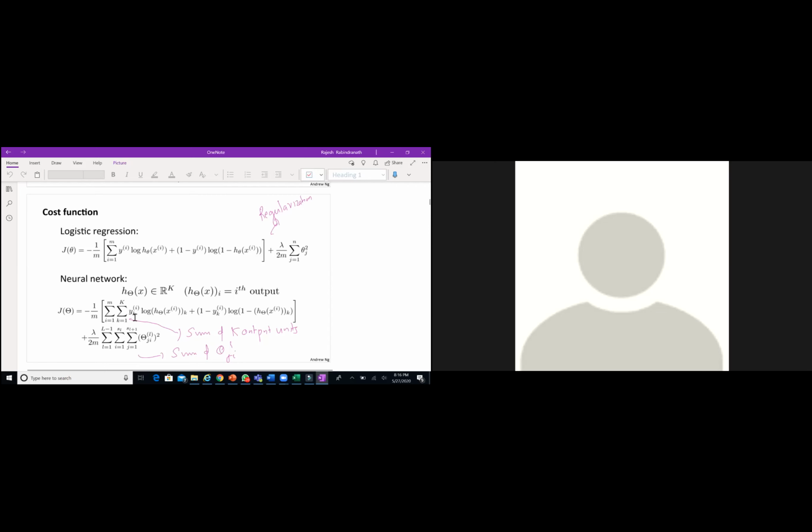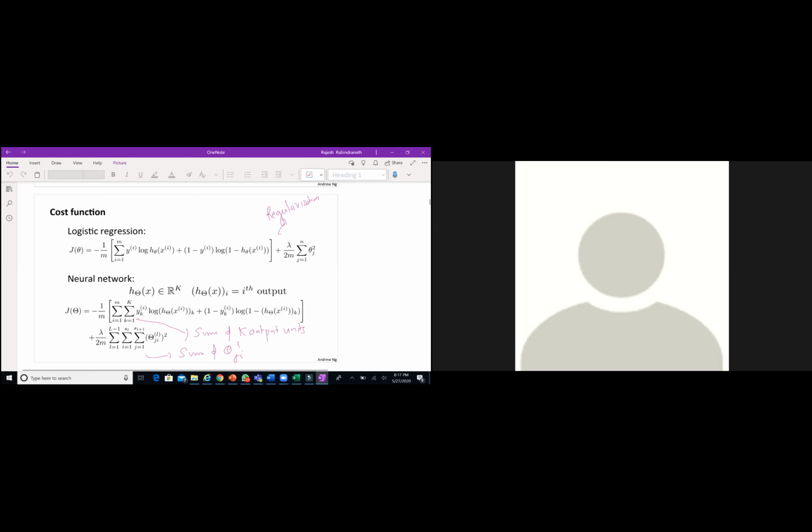Logistic regression accounted only for one output unit, whereas neural networks can potentially have k output units, and if there are k output units, this additional summation is required. And for the parameters theta, the parameters in the neural network are a matrix, not a scalar. So that is why this additional summation is required. So this is the cost function.